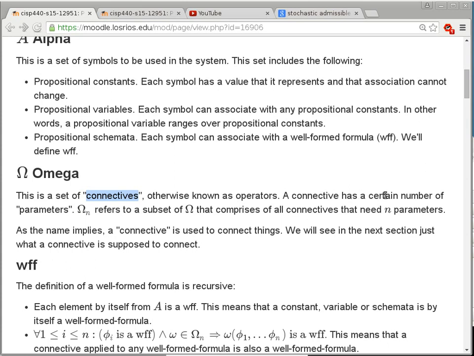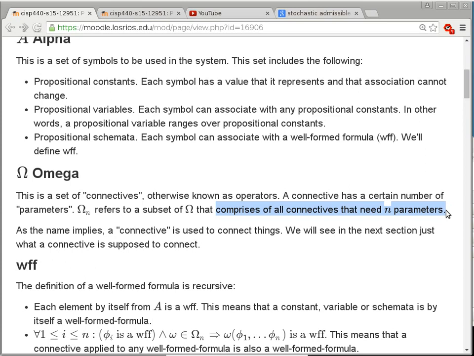A connective has a certain number of parameters, and inside the omega set, sometimes, not all the time, people want to differentiate into subsets. So omega n is basically a subset of omega, and it has connectives that require n parameters. It's just a formality. In this class, this is actually not very important to us.